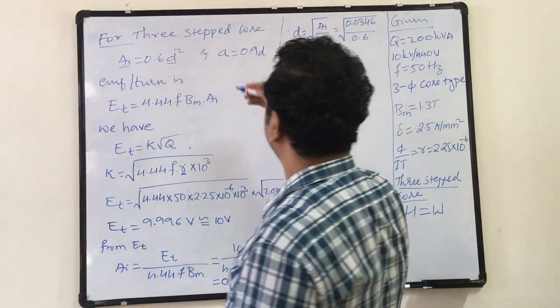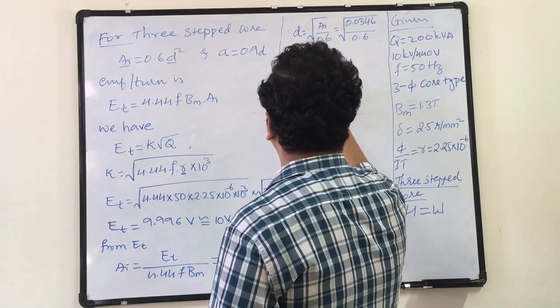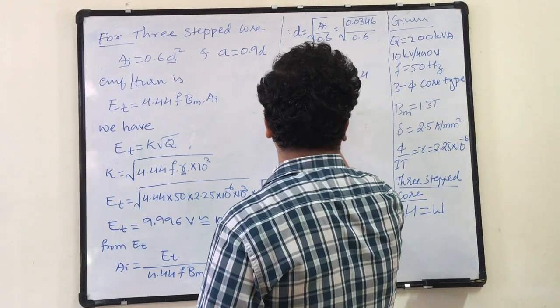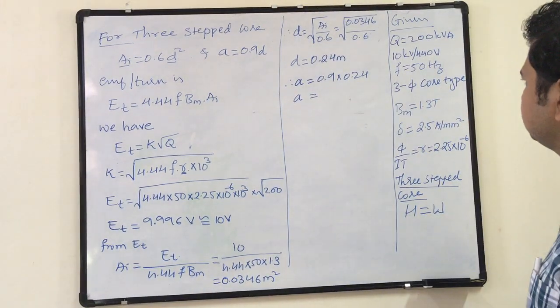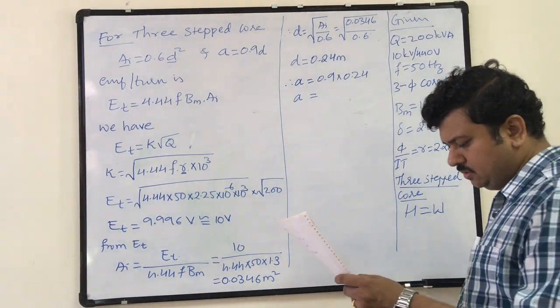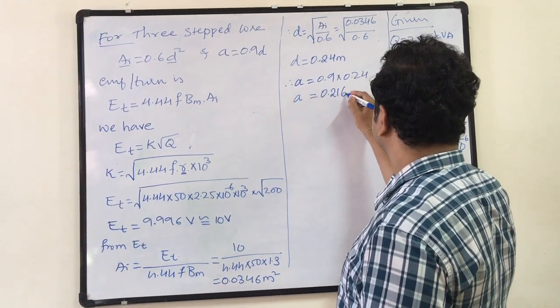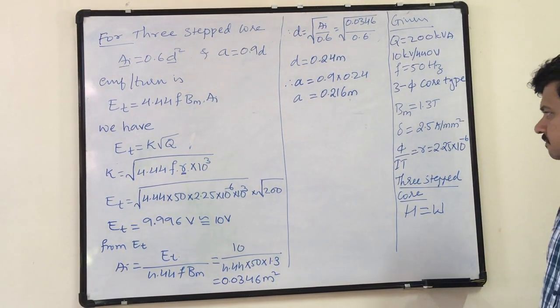I know D, I can get A. Therefore, A is equal to 0.9 into 0.24 meters. So A is equal to 0.216 meters.